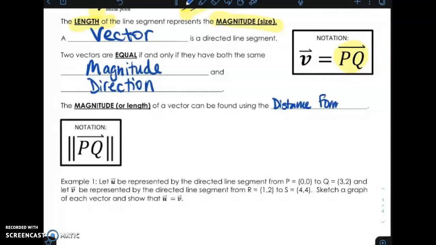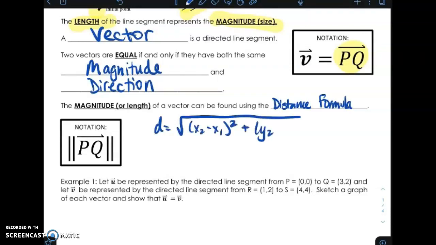And the notation for that is a double bar around vector PQ. Remember the distance formula is the square root of x2 minus x1 squared plus y2 minus y1, all squared.